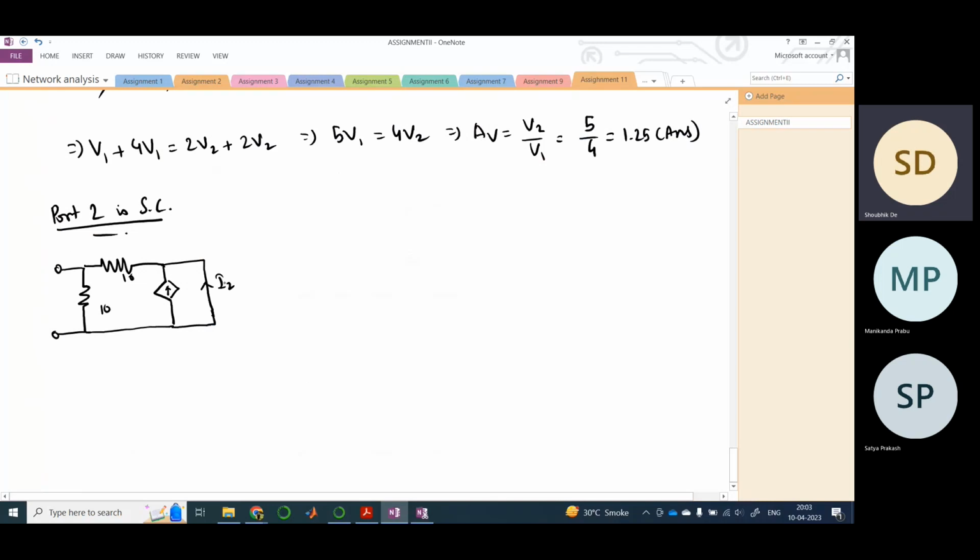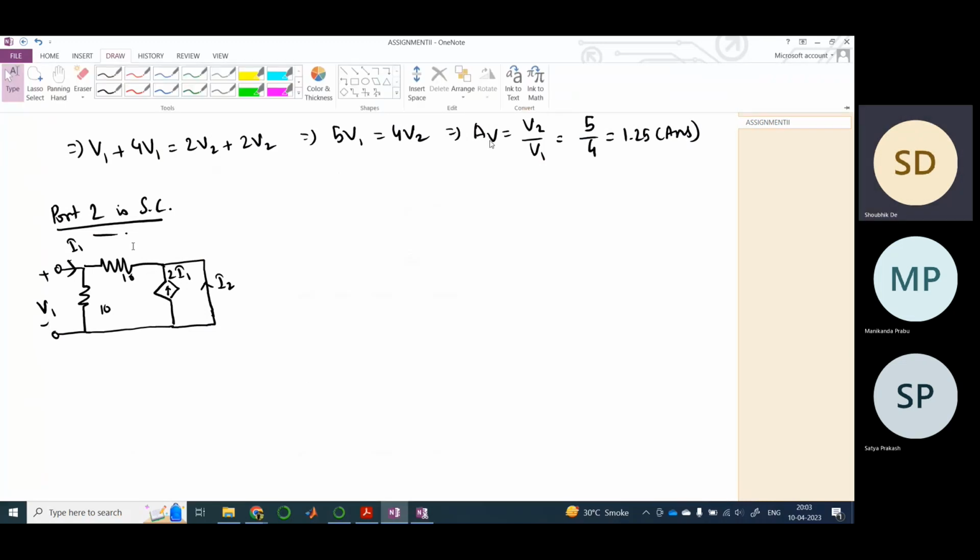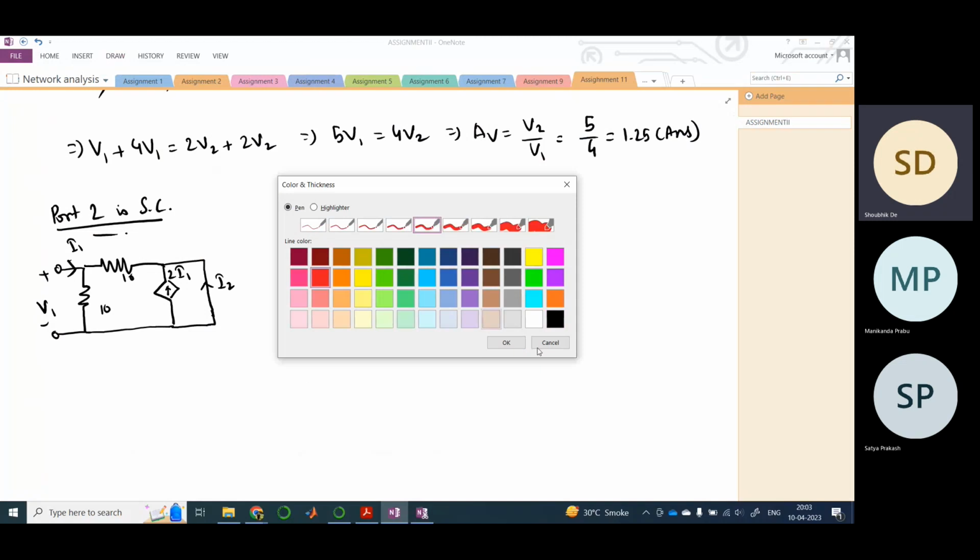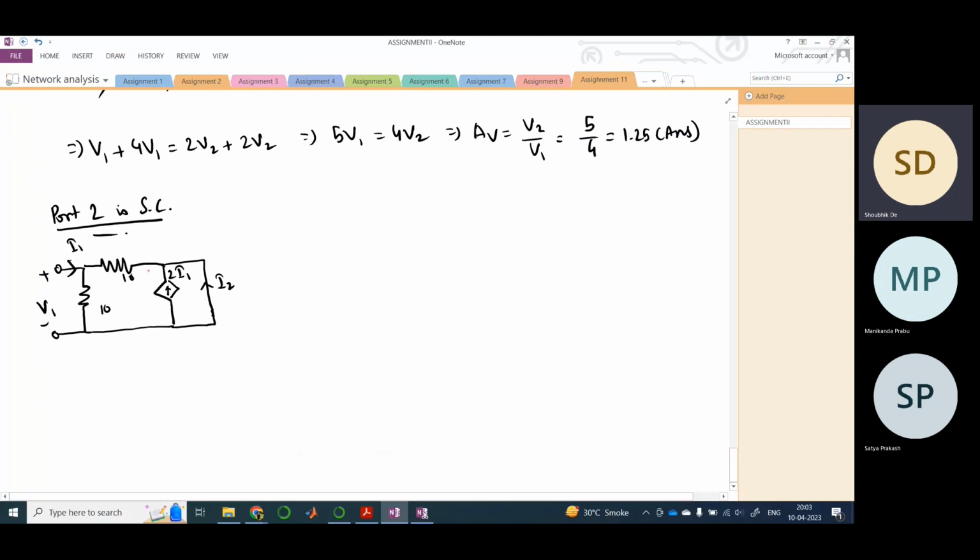So this is I2, this is 2I1, this is I1, and this is V1. Let me quickly make you understand why the 10 ohm resistor is not there. Of course, this part is grounded.